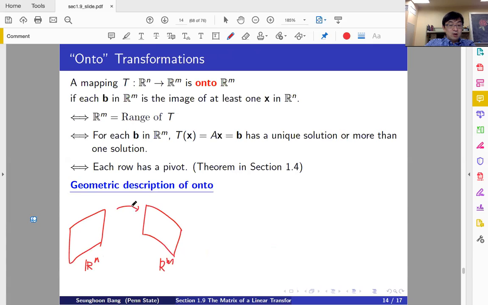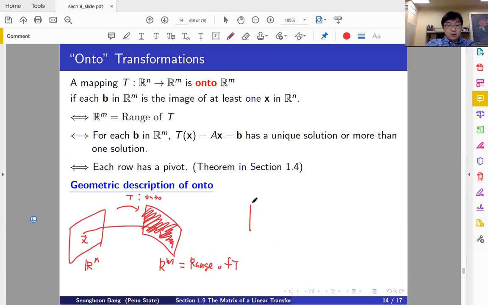Think about the linear transformation: this x goes to b. You can find all images, the range. In this case, Rm is exactly the same as the range of T, so this T is onto.